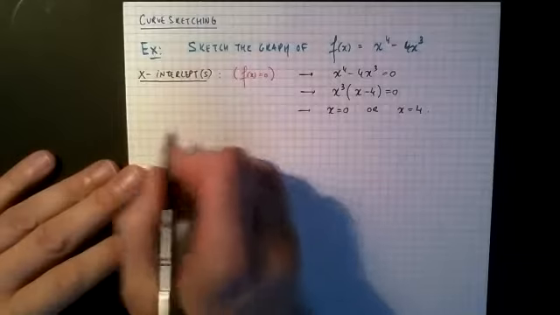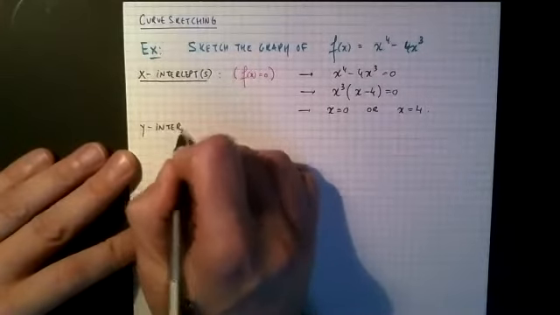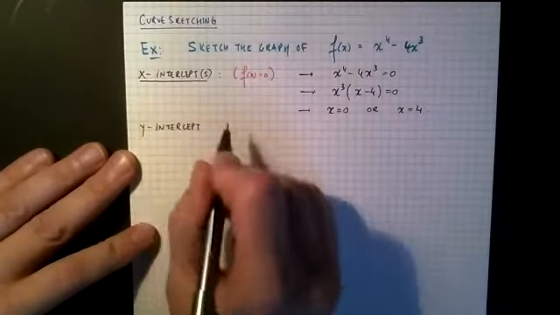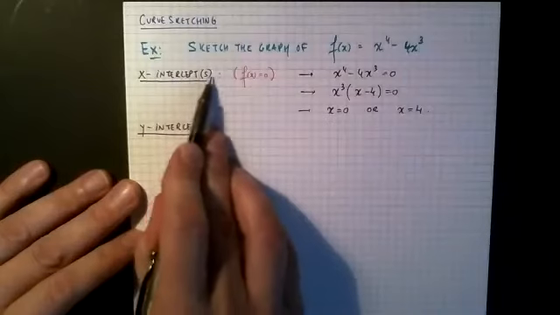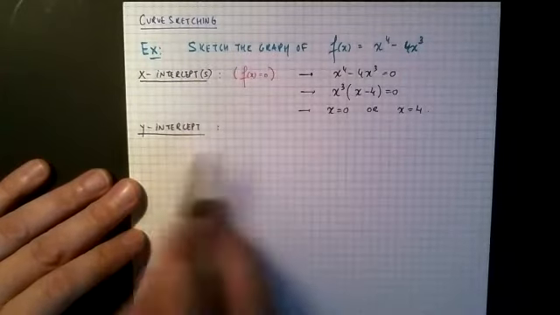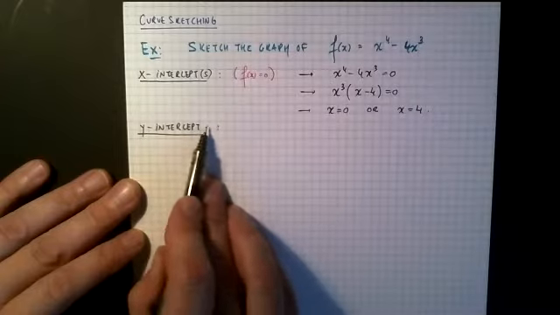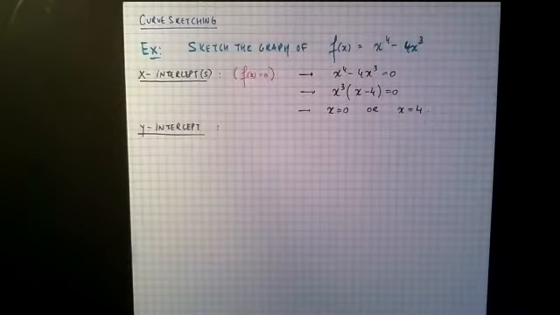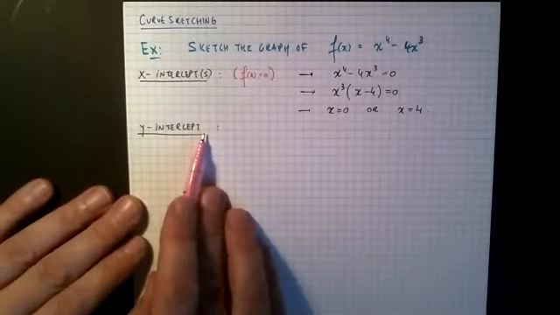Let's keep going and do the y-intercept. I put x-intercepts with an s because there might be more than one. Should I do the same for the y-intercept? No. Why not? Because it's a function, so you can't have two y values. So there's only one y-intercept, if any.